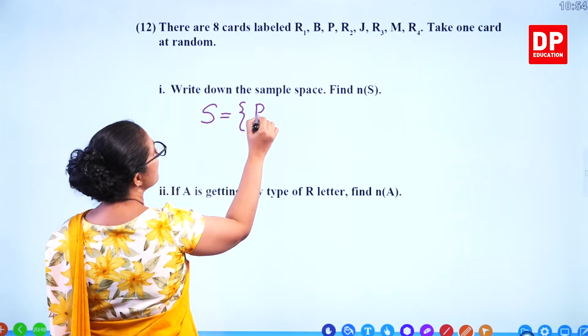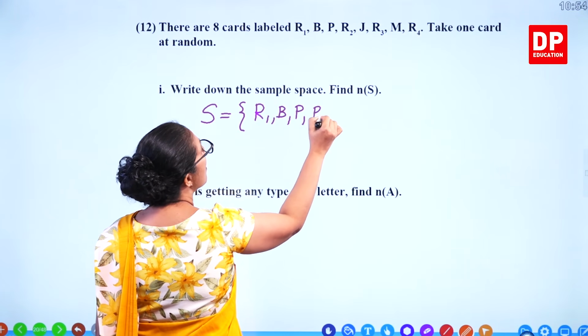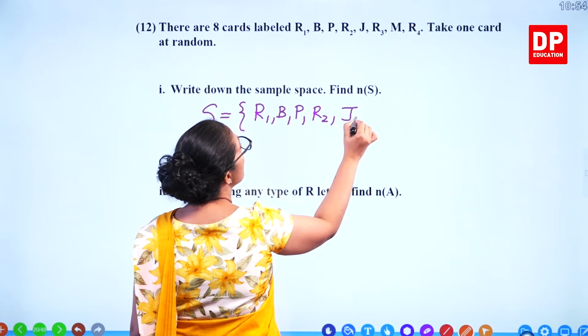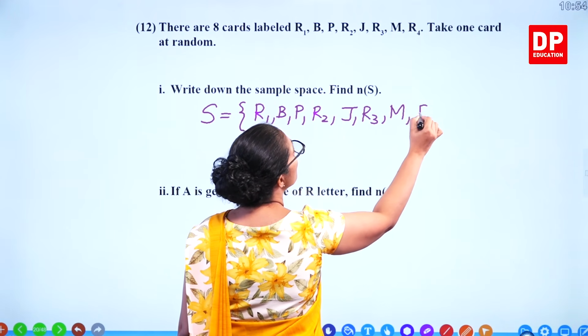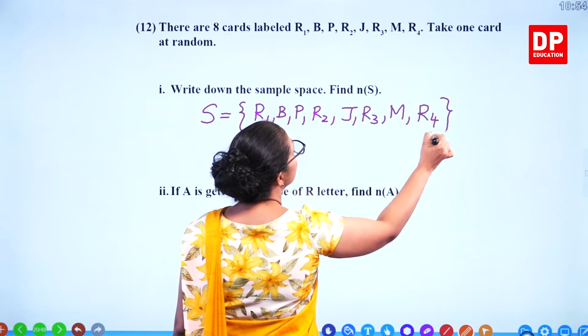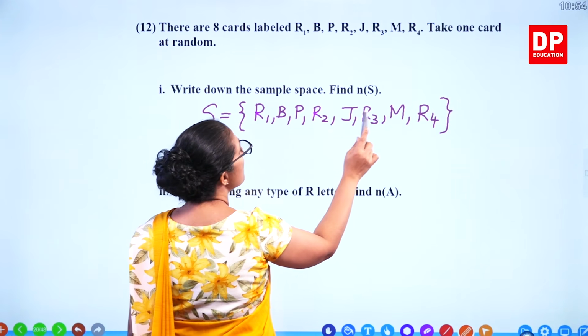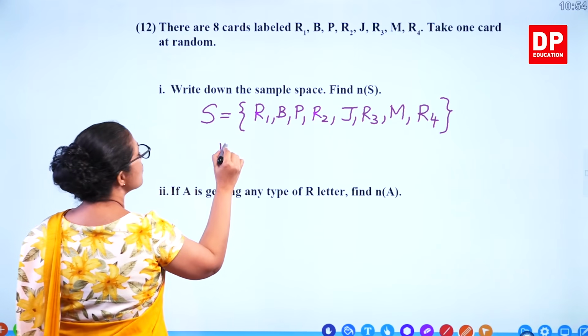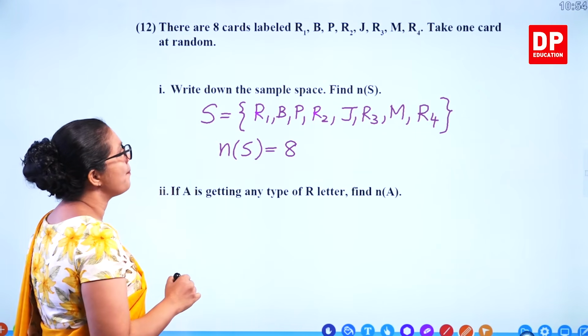You can get R1, B, P, R2, J, R3, M, R4. How many are there? 1, 2, 3, 4, 5, 6, 7, 8. So NS equals 8. 8 possibilities are there.